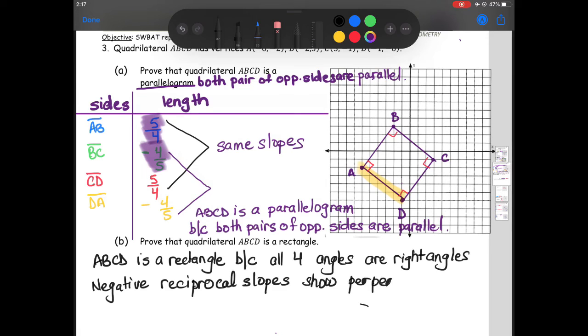Perpendicular. You have to write that, please. Perpendicular. I've spelled it wrong. Perpendicular lines which form right angles, right?